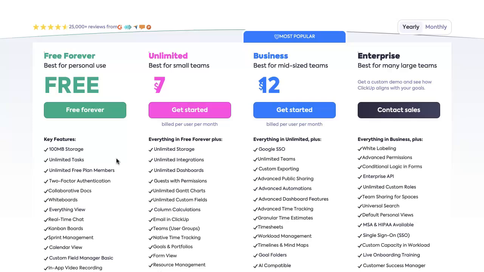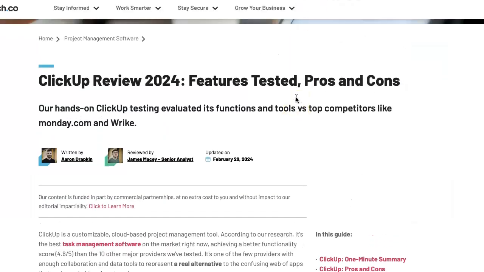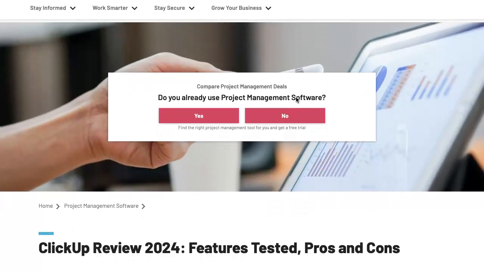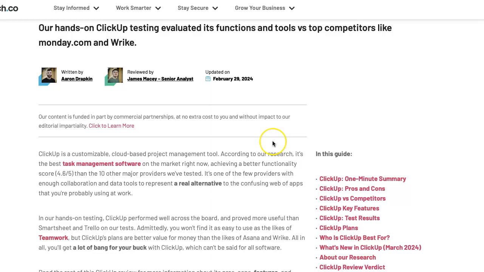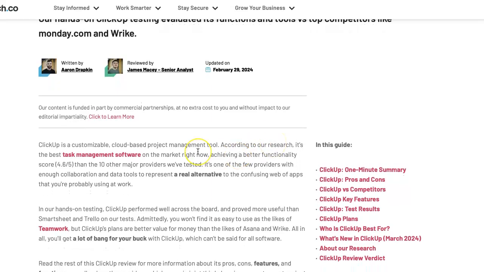Additionally, the cost is $7 a month for the unlimited, so that is kind of expensive. Overall, the reviews for ClickUp seem pretty positive. Most of the reviews I found were in the 4 range. This particular one had it rated as a 4.6 out of 5.